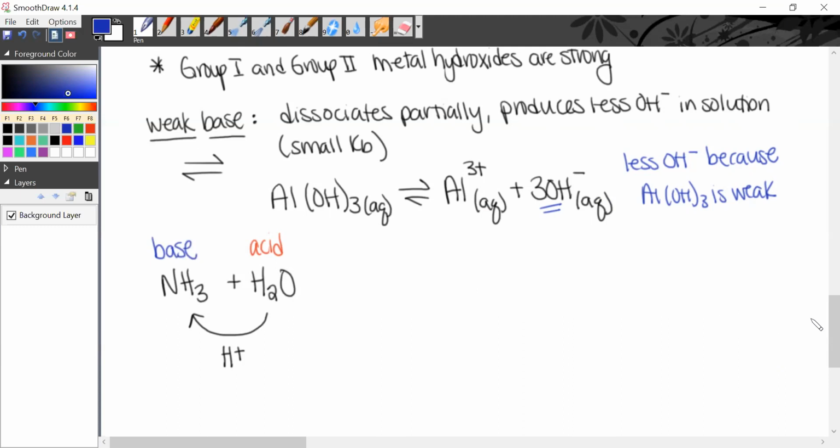Like I said before, in the acid example with HCl, the H2O was accepting the H+, which made the water a base. Water can do both. There are a bunch of substances that can do both. So when this happens, and I'm going to draw a two-way arrow because that's a weak base, when NH3 gains an H+, it's going to become ammonium, NH4+.